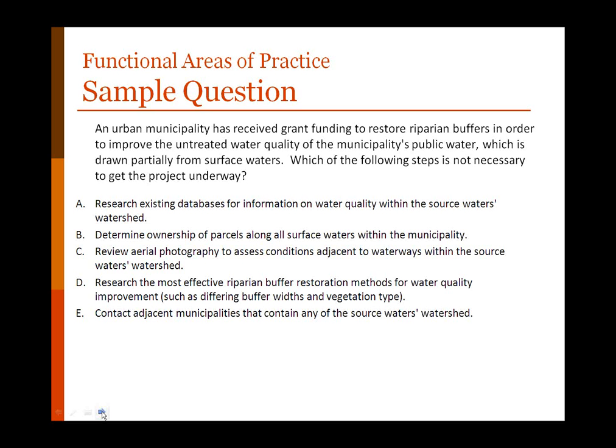B. Determine ownership of parcels along surface waters within the municipality. C. Review aerial photography to assess conditions adjacent to waterways within the source water's watershed. D. Research the most effective riparian buffer restoration methods for water quality improvement, such as differing buffer widths and vegetation type. And E. Contact adjacent municipalities that contain any of the source water's watershed.